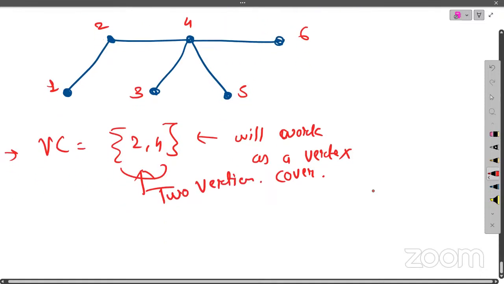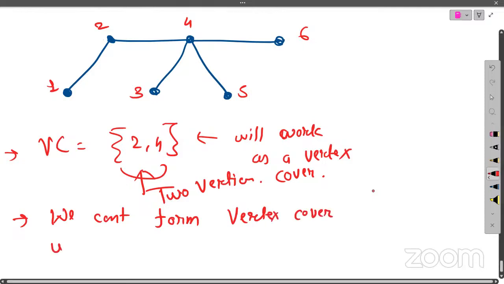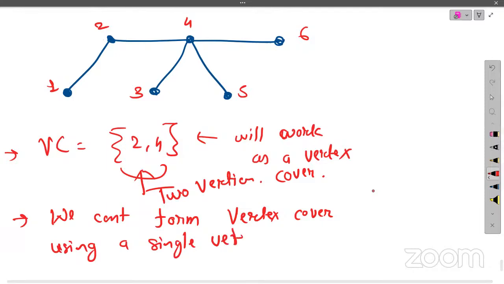So this is one fact we know. Now we cannot form a vertex cover using a single vertex. Why is this so? Suppose I take one subset to be simply the vertex number 4.